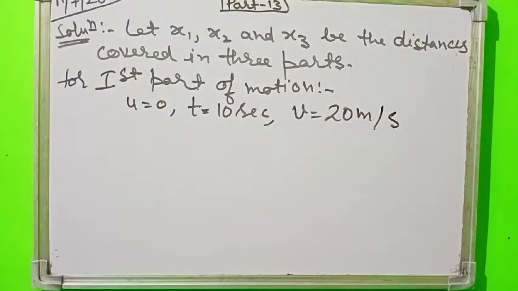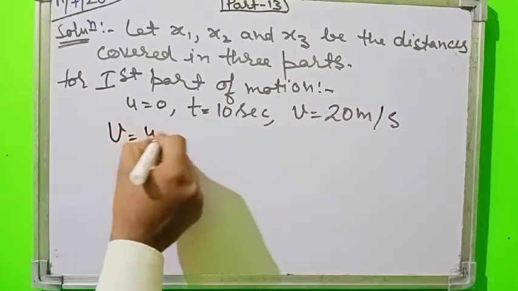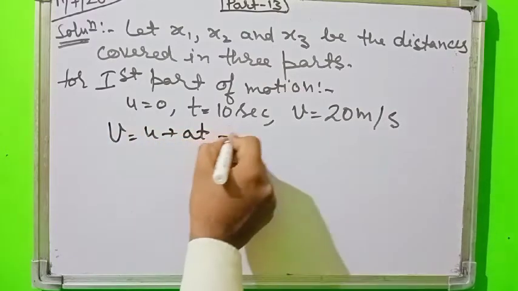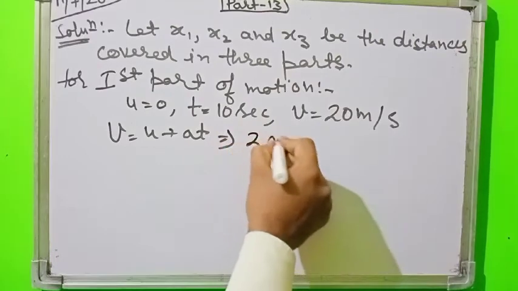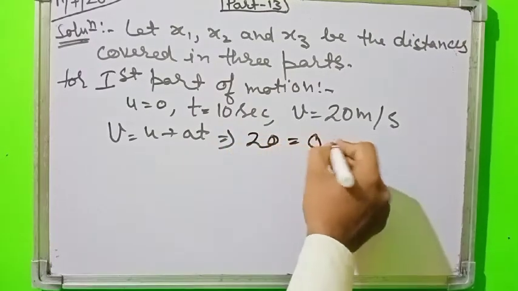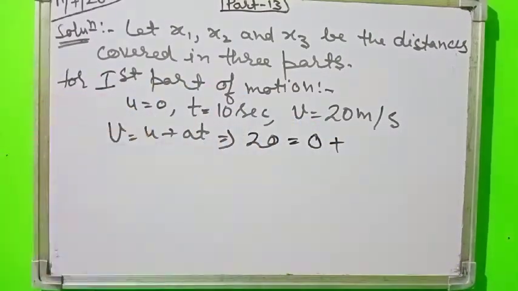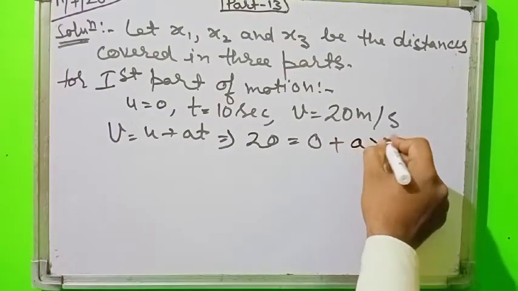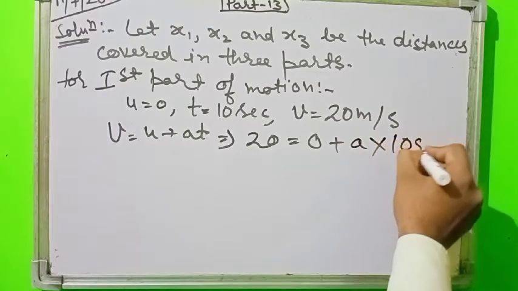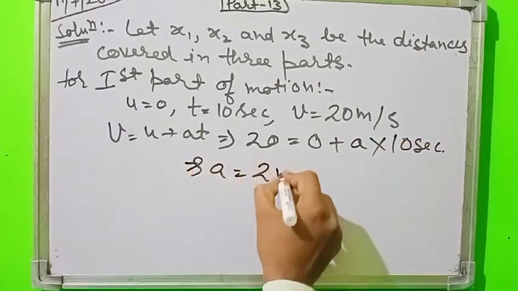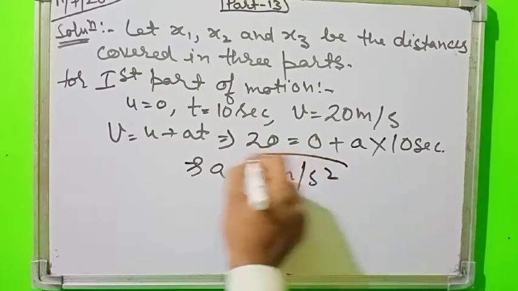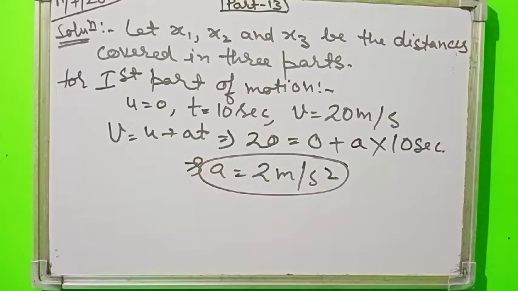Applying the velocity-time relationship, v is equal to u plus at, so 20 is equal to 0 plus a into 10. From here, acceleration is equal to 2 meter per second square.